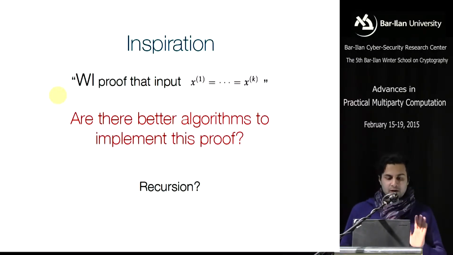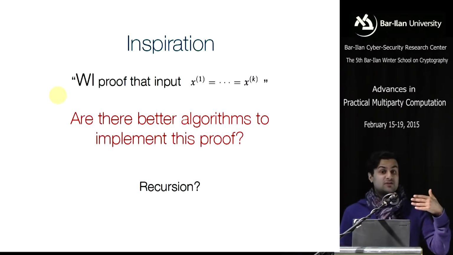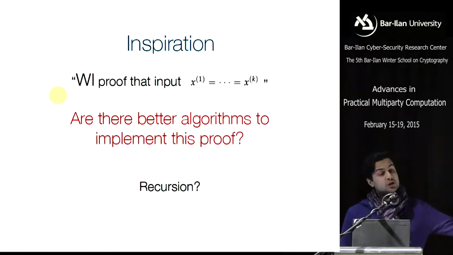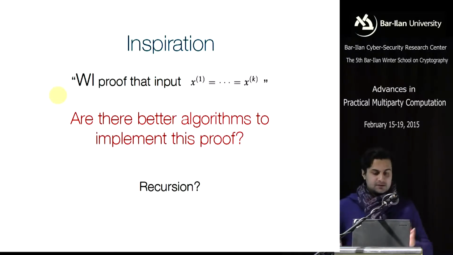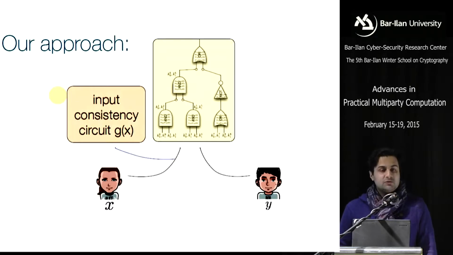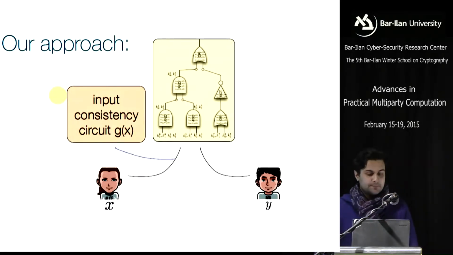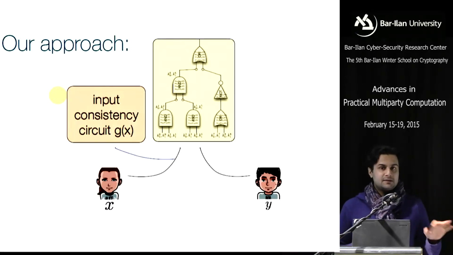Are there better algorithms for this special case of checking equality? The inspiration is going to be, again, a recursive thing. Just like we use a check circuit, although this is temporally reversed, this check circuit and this idea came at different times, we're going to use a different consistency circuit in addition to the original circuit in order to verify that all of these inputs are the same.